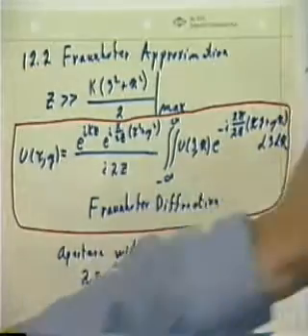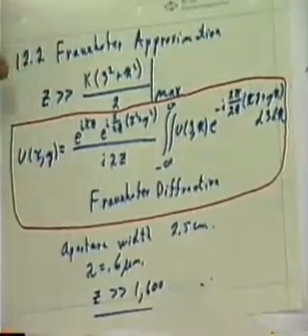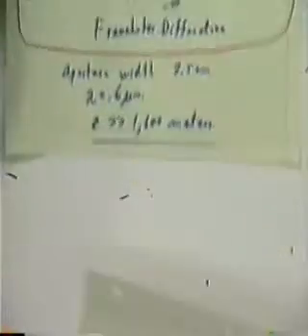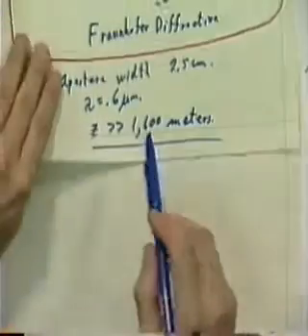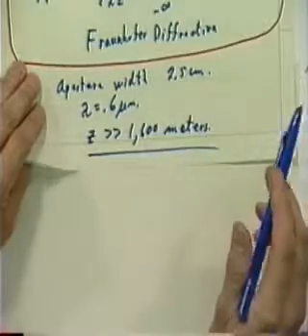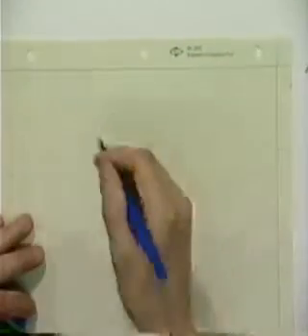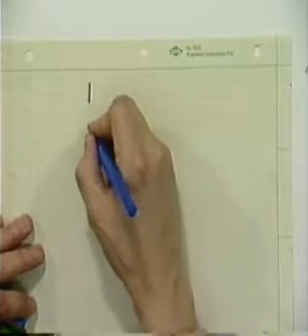But how would you see Fraunhofer diffraction, even for an aperture of this size? If I wanted to do it in my basketball court or my lab or whatever, what would I do? Take a lens, right. This is far away, essentially close to infinity. And so what we would do here is take a lens. So this is our aperture.